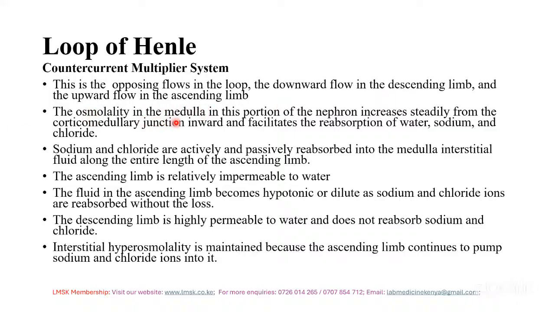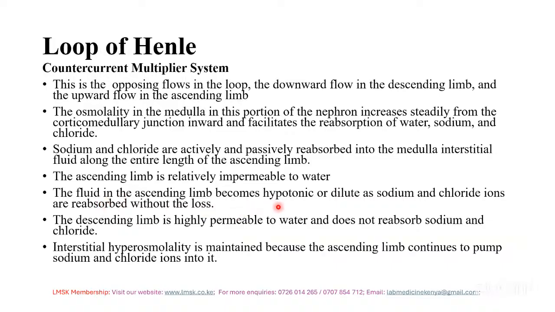And the osmolality in the medulla in this portion of the nephron, of course, increases steadily from the corticomedullary junction inward and facilitates the reabsorption of water, sodium, and chloride as it happens along the loop of Henle. Sodium and chloride are actively and passively reabsorbed in the medulla and interstitial fluid along the entire length of the limb. Then the descending limb is relatively impermeable to water.